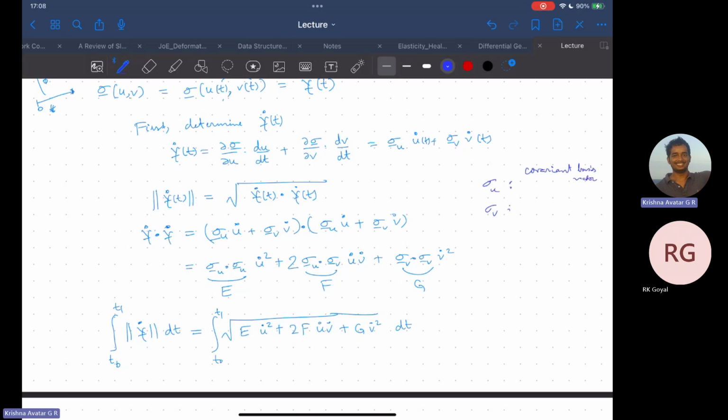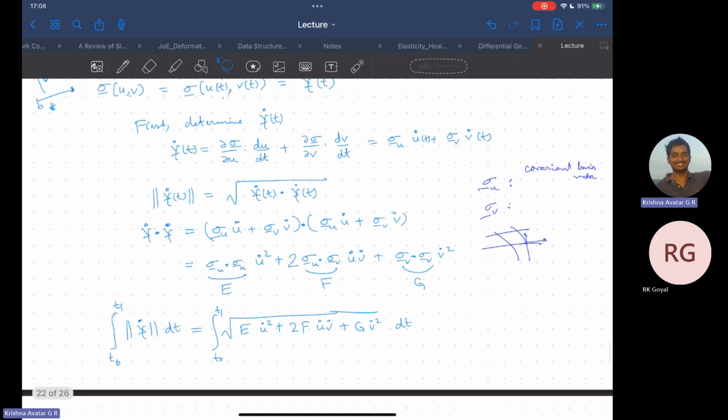They vary from point to point, since we are on the 2D parametric space and map into 3D, so we have curvilinear coordinates. At every point we have these two tangents, which are just the derivatives with respect to the parameters u and v for a surface. So we get these three dot products: sigma u dot sigma u, sigma u dot sigma v, and sigma v dot sigma v.